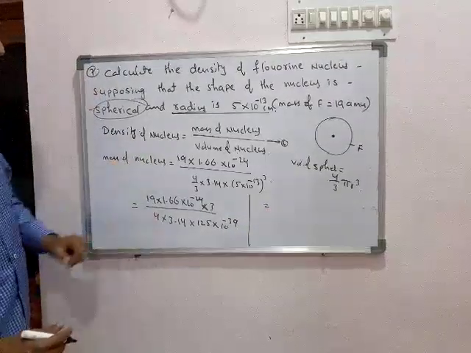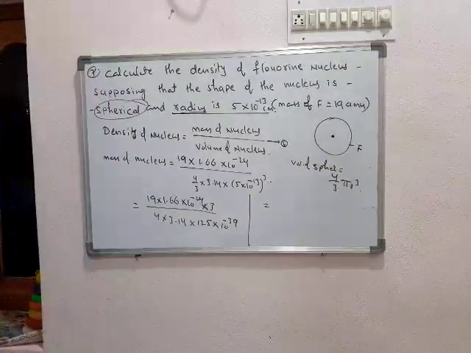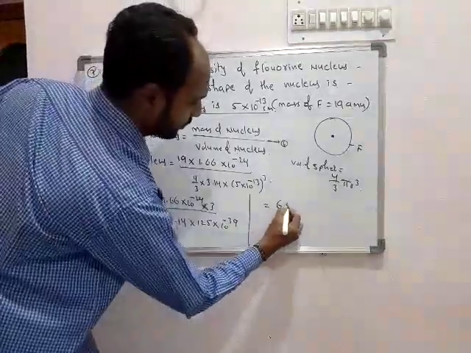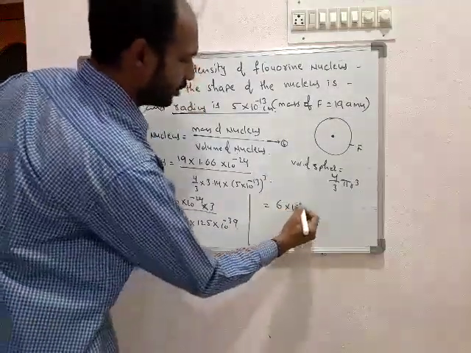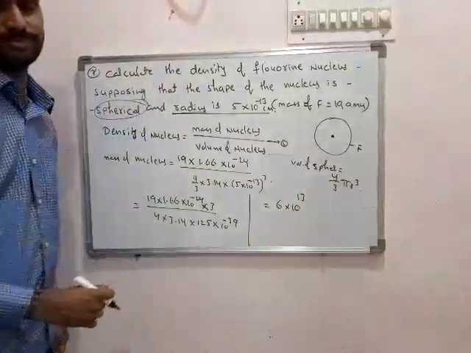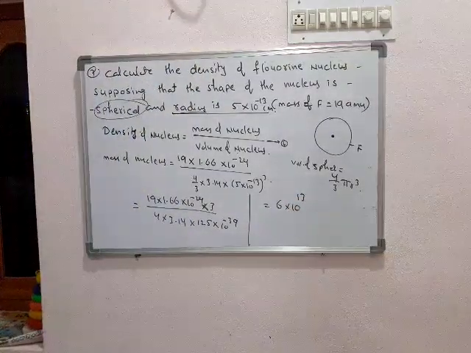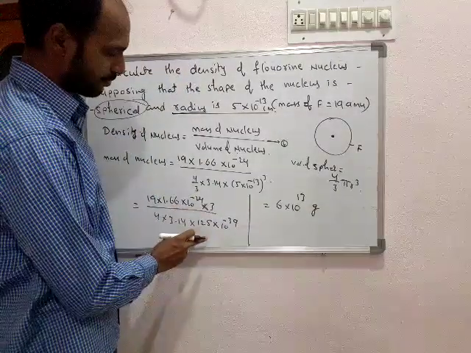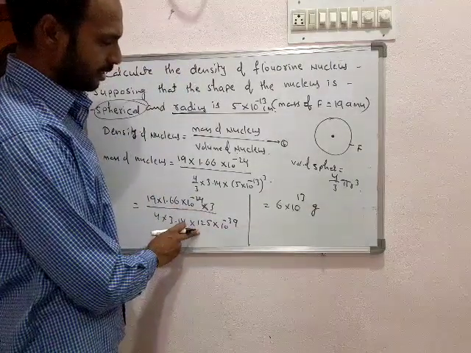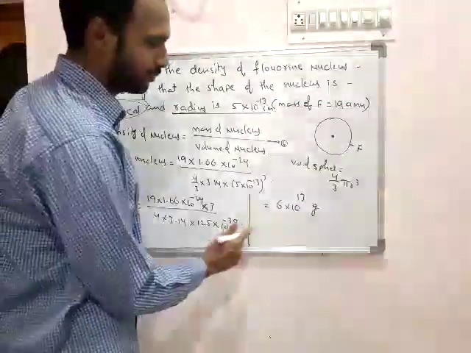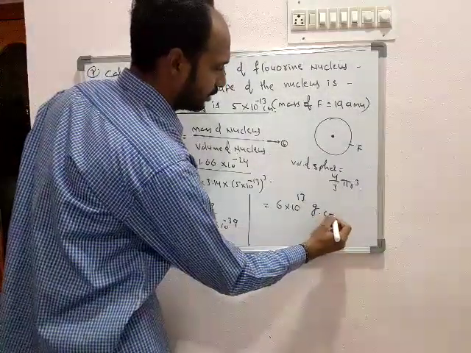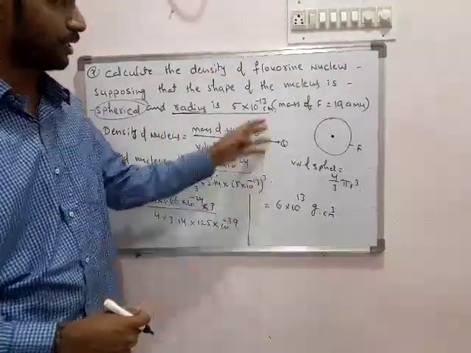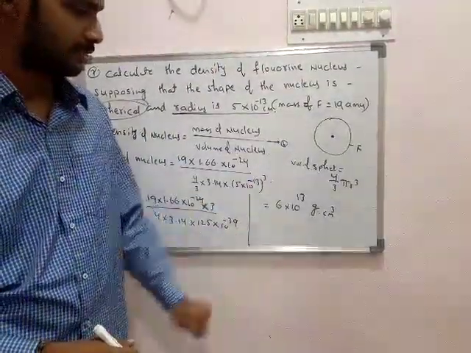So by all these calculations, we get 6 into 10 to the power of 13, in terms of grams per centimeter cube. So this is the density of the given nucleus. Okay, take it.